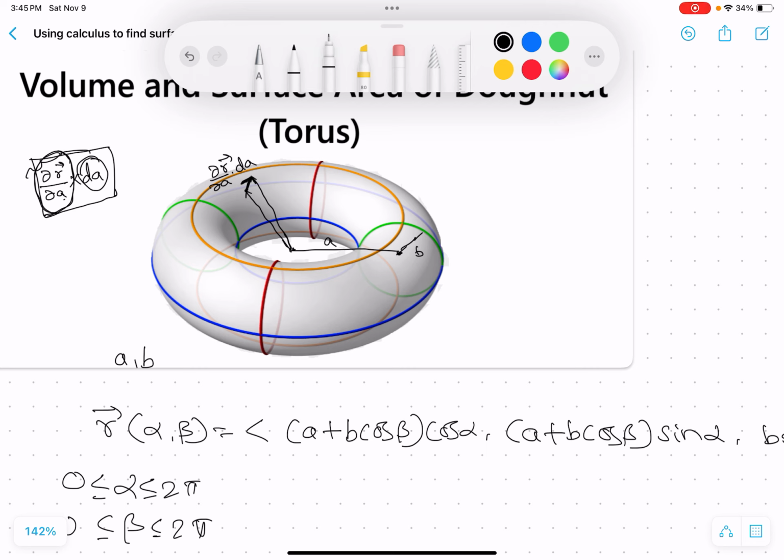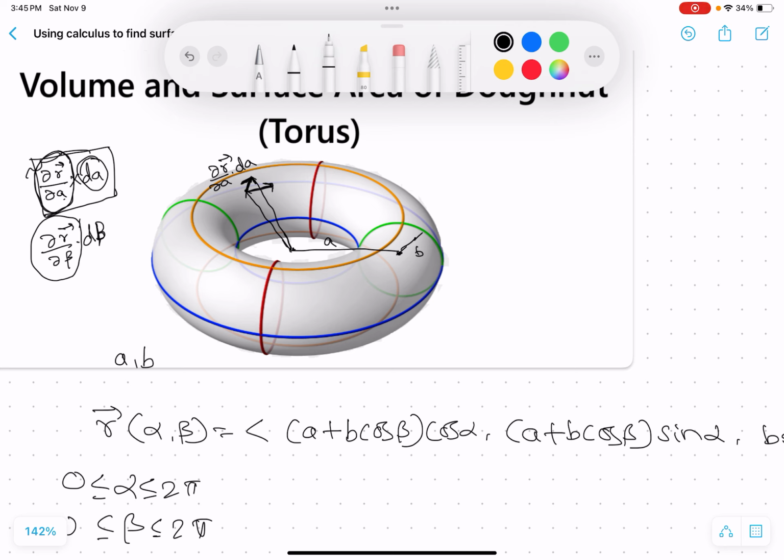Similarly, let's say I keep alpha constant and change beta, and it changes like this. This change is due to change in beta, keeping alpha constant. If the amount of change in beta is very small, this is the rate of change of r with respect to beta.